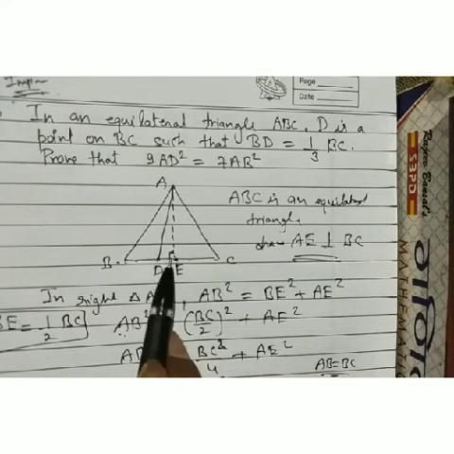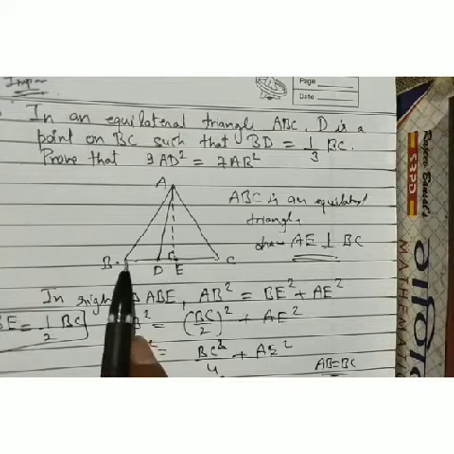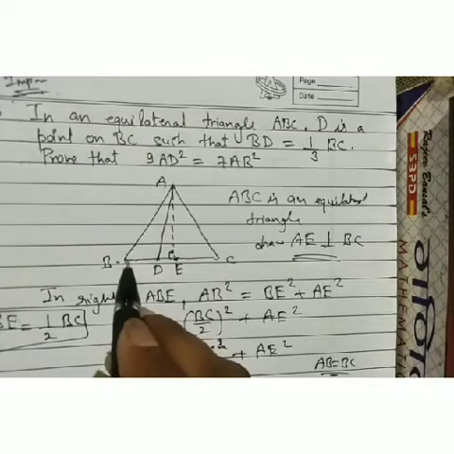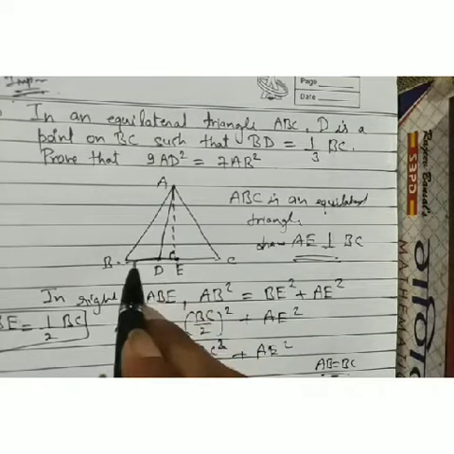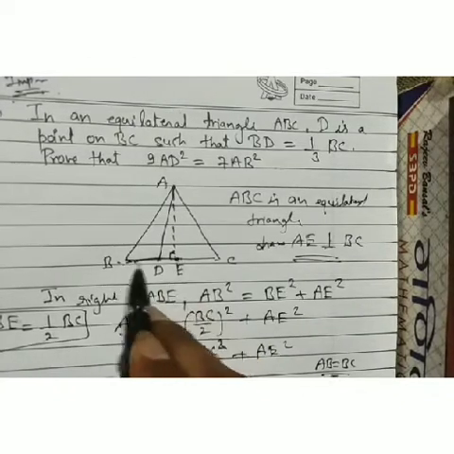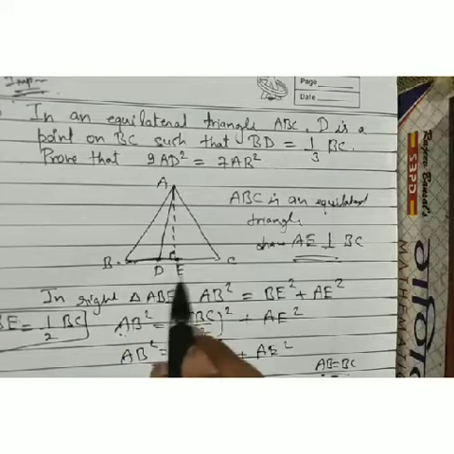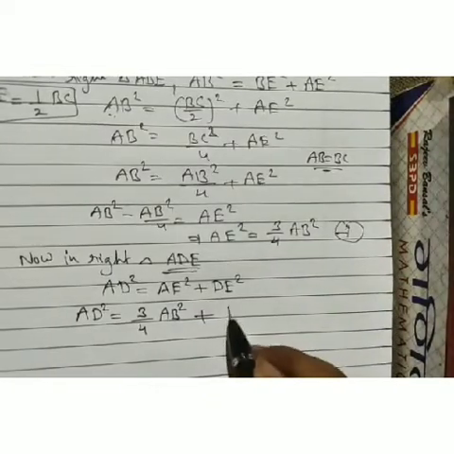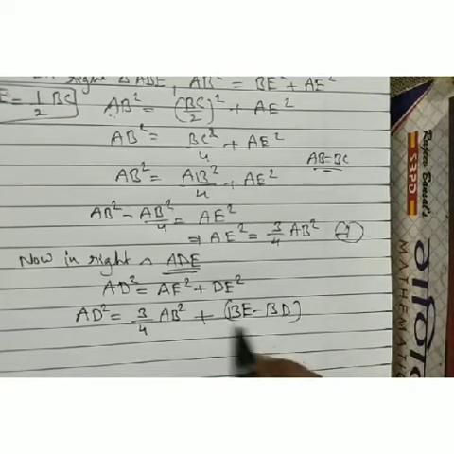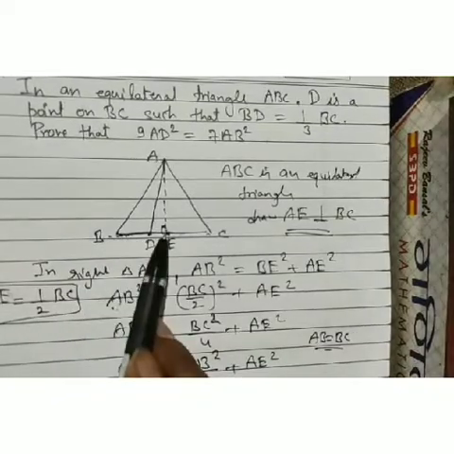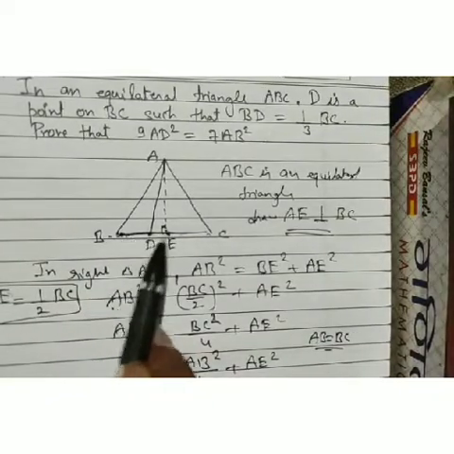How can we write down our DE? We can write DE by taking the length of BE and subtracting BD from it. Then we get DE. Then we change DE by BE minus BD. From BE, if we subtract the length BD, then we get our DE there.